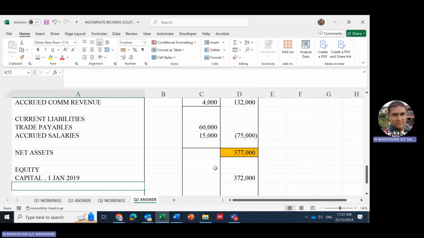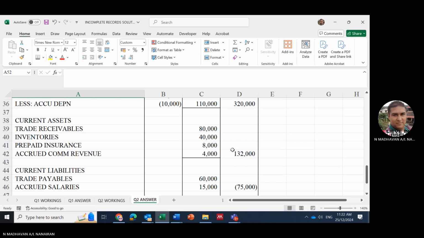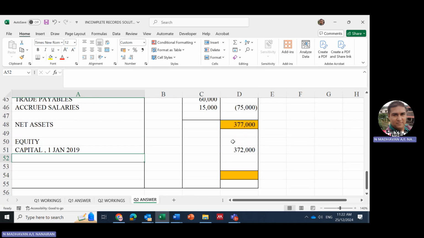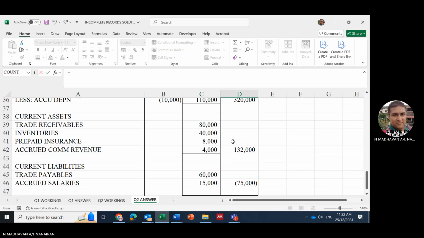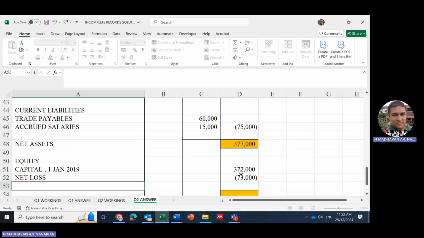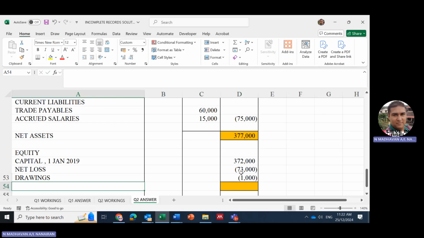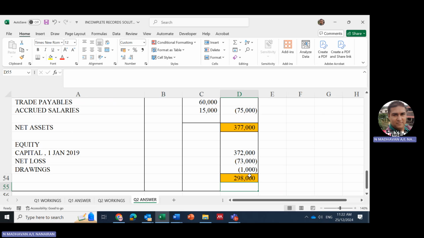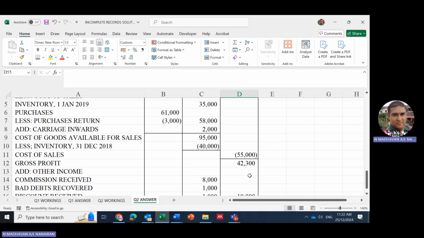Something is not right. Okay, then I will come back to it later. Net loss, how much? Net loss is 73. Drawings 1,000. The answer is not the same. Something is not right. Did we put everything correctly?